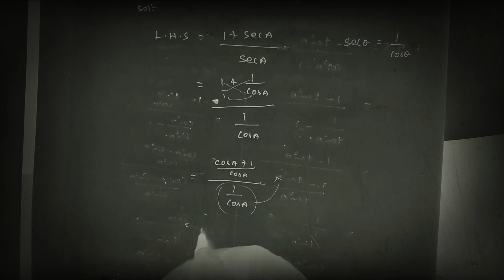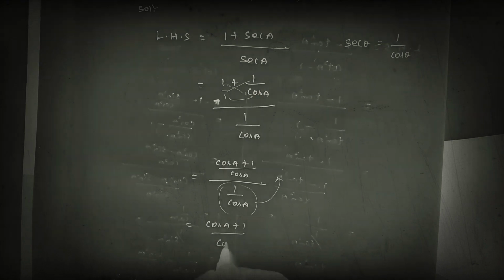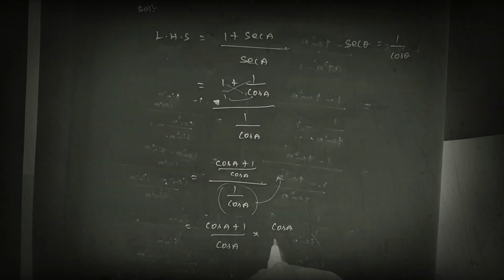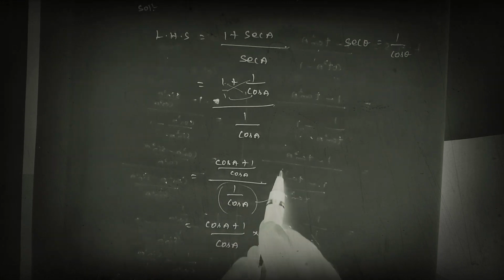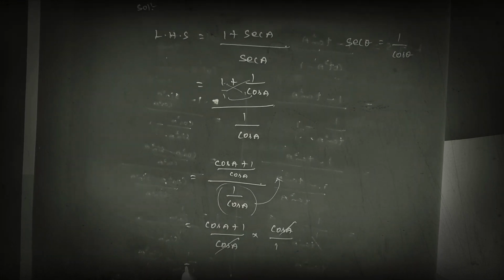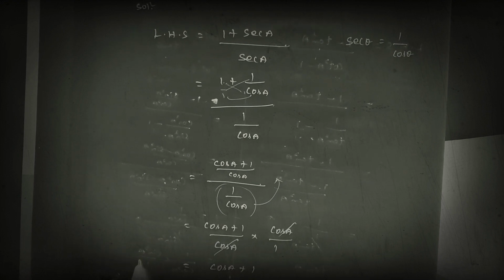So cos A plus 1 divided by cos A into cos A by 1. Cos A will get cancelled. So we get cos A plus 1. Now we got the LHS, right?